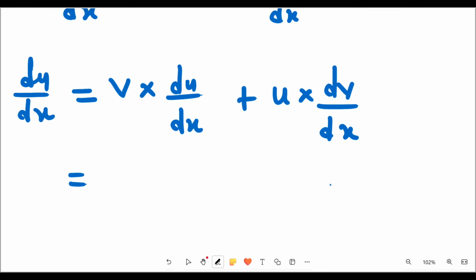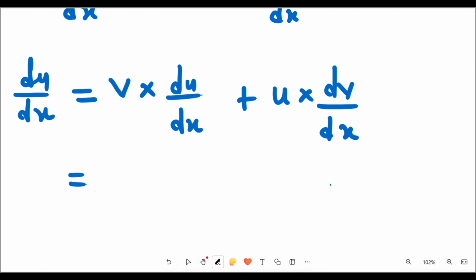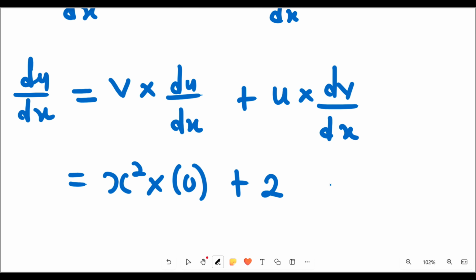Then we are going to get, we know our function v to be equal to x squared multiplying our du/dx, which is 0. Then plus our function u, which is 2, multiplying the dv/dx, and our dv/dx is equal to 2x. All right.